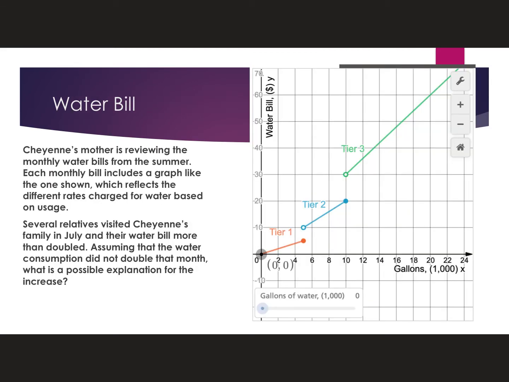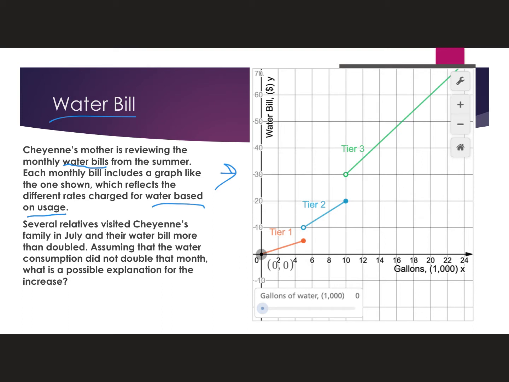So let's look at a piecewise function here. Water bill. Cheyenne's mother is reviewing the monthly water bills from the summer. Each bill includes a graph like this one shown here, which reflects the different rates charged for water based on usage. So they charge a different amount depending on how much you use.